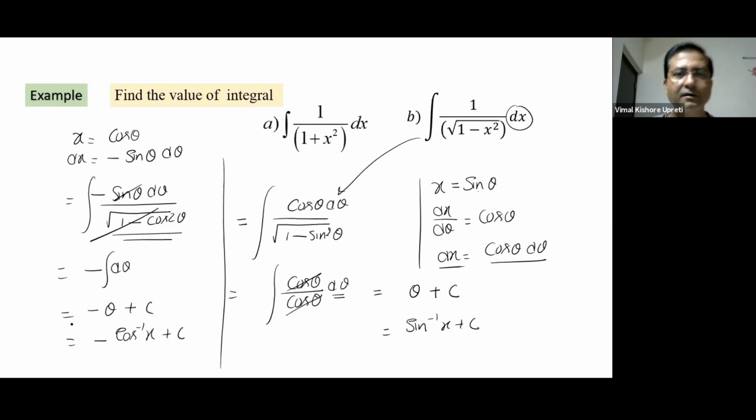In that case, I'll report the answer as cos inverse x plus c. Right? When we do the definite integral, the value of c in both the cases will be different. When this function gets changed, the value of c will get adjusted accordingly. We have one value here, C1, let this be C2.